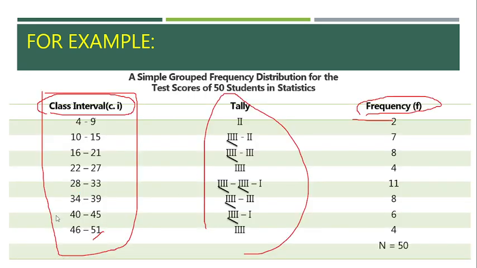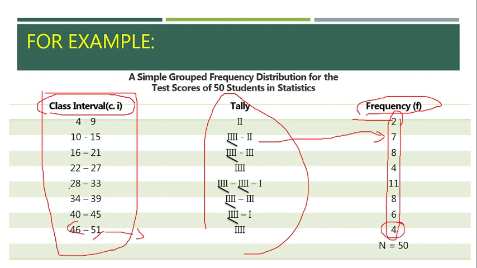Okay. The same goes for your other rows. You will be able to see the frequency, how many values there are. Let's say, for example, the last row, 46 to 51. It shows that the frequency is 4. Why?